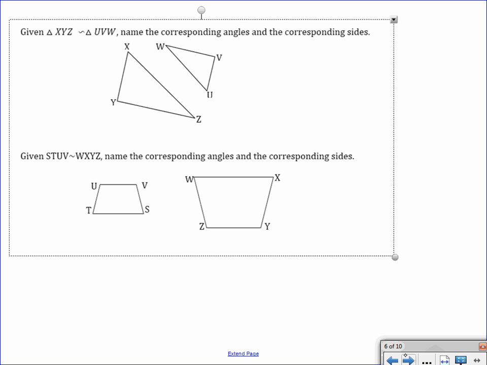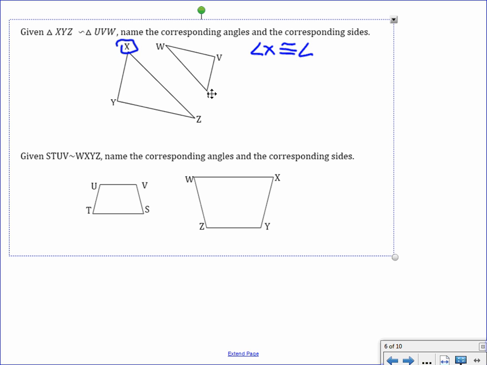That was a lot of information. So let's take another look at some of these. Here are two triangles. Given that triangle XYZ is similar to triangle UVW, name the corresponding angles and the corresponding sides. So we'll start with angle X. Angle X is congruent to which angle?